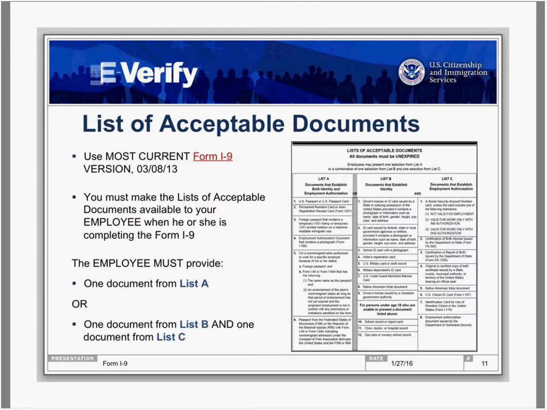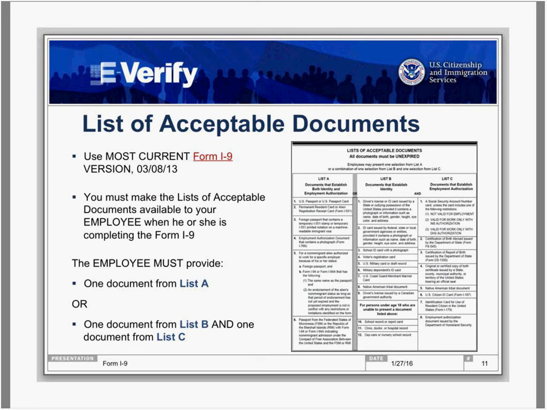The acceptable documents on this slide, this is actually page 9 of the I-9 when you run that off. I'll tell you, from the previous version of the I-9 to the current version, there were no new documents added, nor were there any taken off.